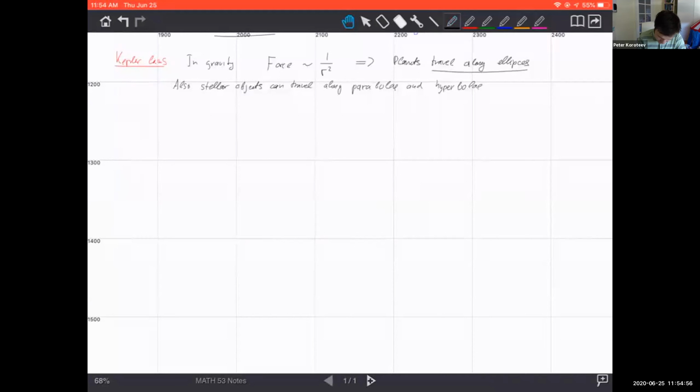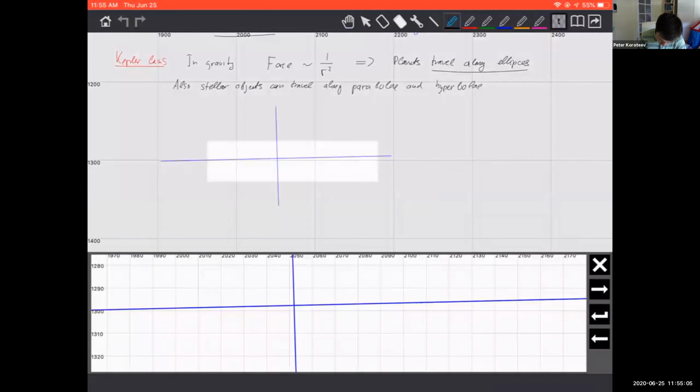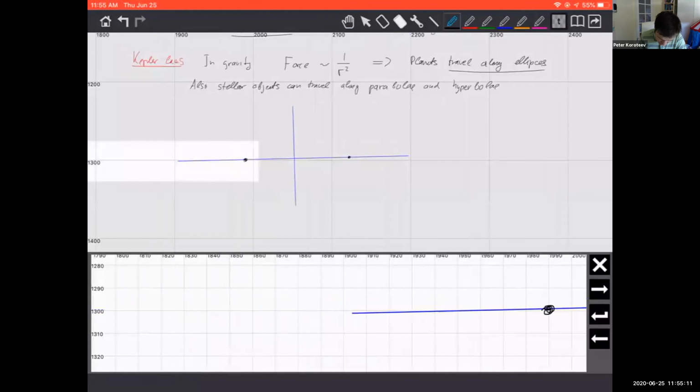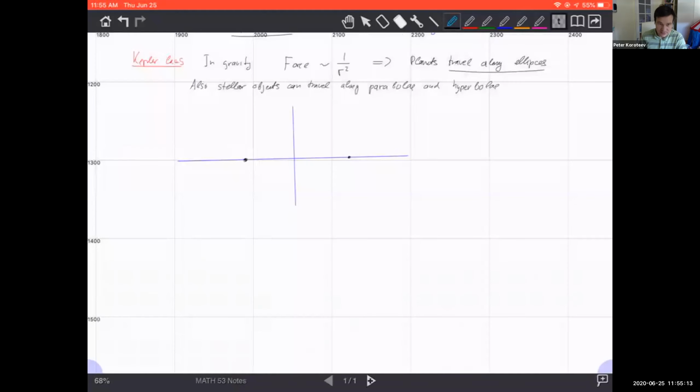So a hyperbola looks like this, right? Again, there are 2 foci. But now, instead of looking at the sum of the distances, we will be looking at the difference of the distances. It naturally will have two halves, 2 lobes, 2 components.